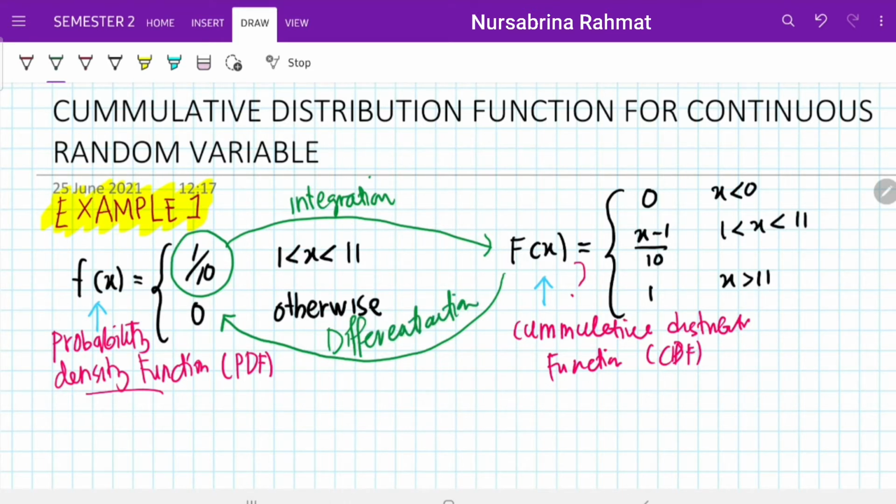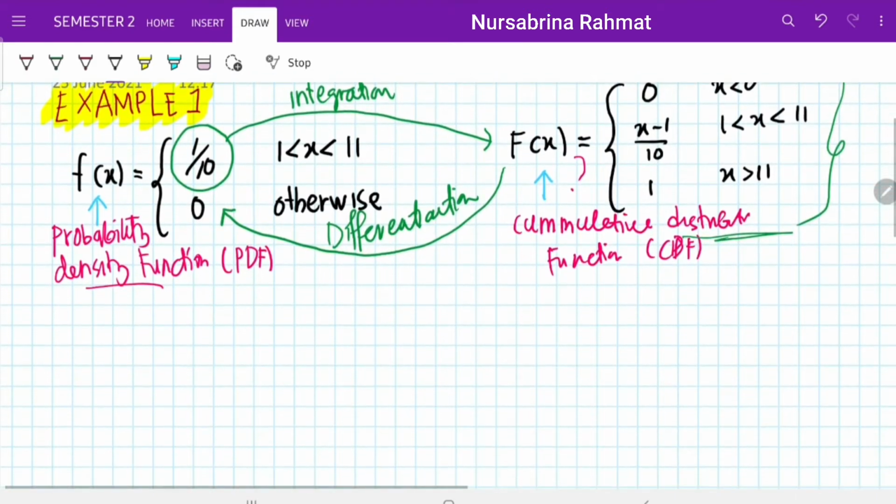In this example, I have already derived the cumulative distribution function from the given probability density function. But I'm going to show you how we get this cumulative distribution function as seen on the screen. First, we need to find the cumulative distribution function when x is less than 0.